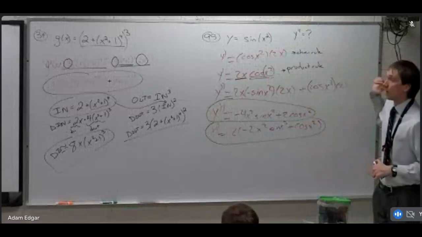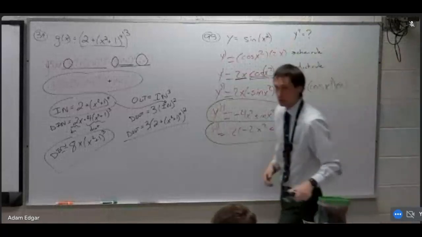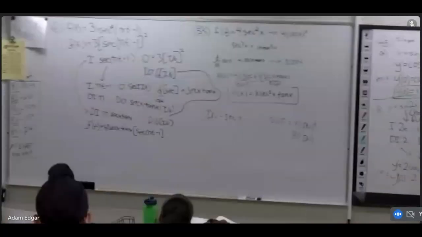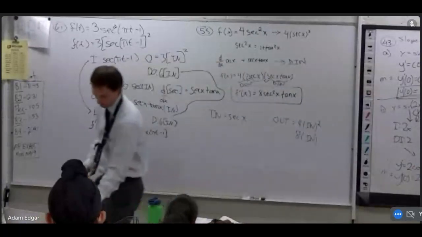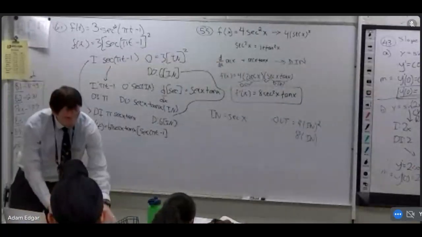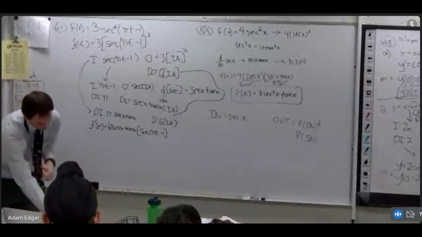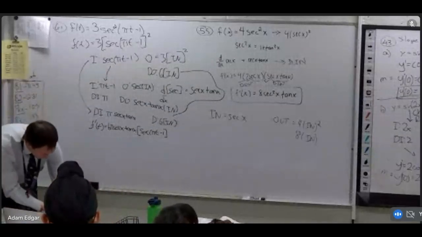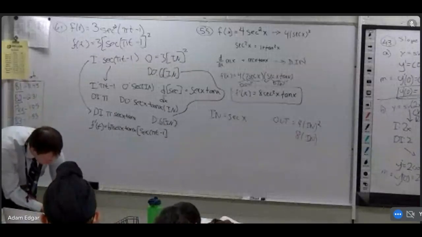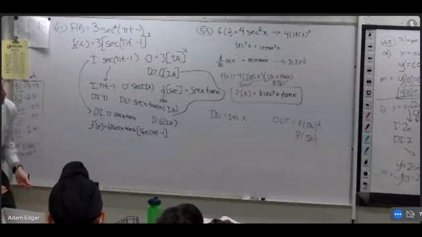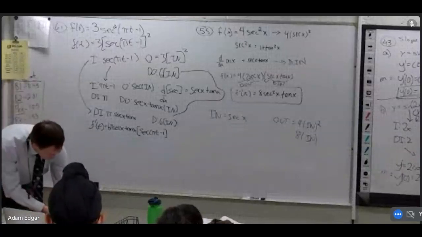All right, and then Prince, talk to us about your 61 here. Okay, so basically state what's inside and what's outside. And what's inside is secant pi t minus 1. The outside is 3 bracket in bracket to the second power.